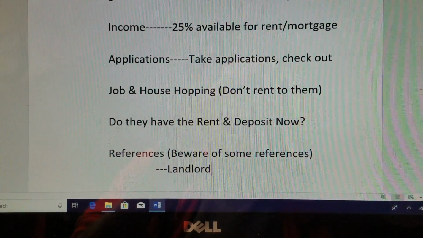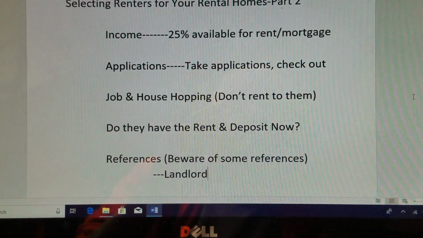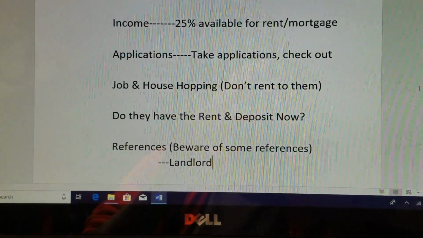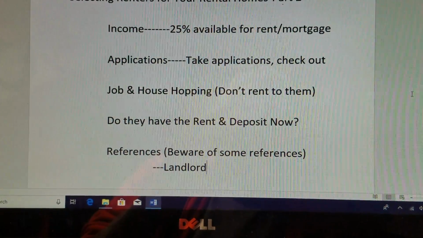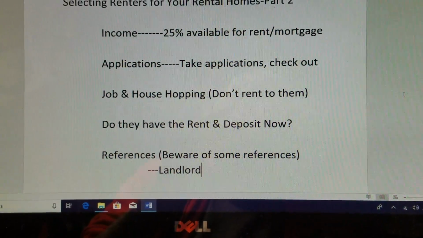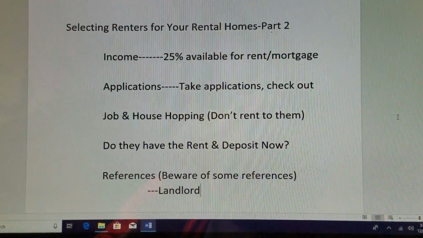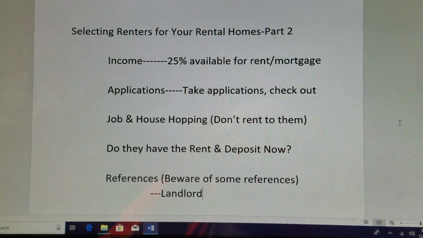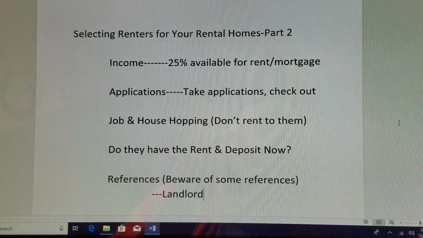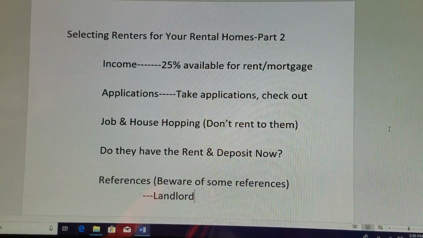I mean, families certainly are going to give people good references. So take your references and call these people and talk to them. I mean, it's a good idea to do that. But once again, you got to be aware of some of the references that you get for people.